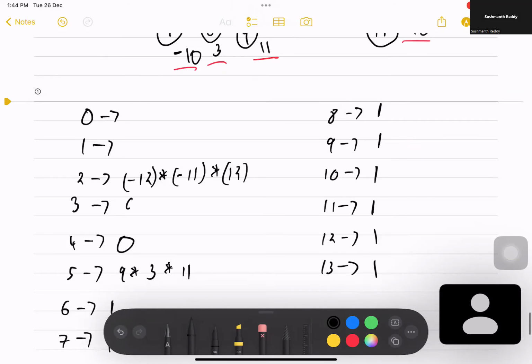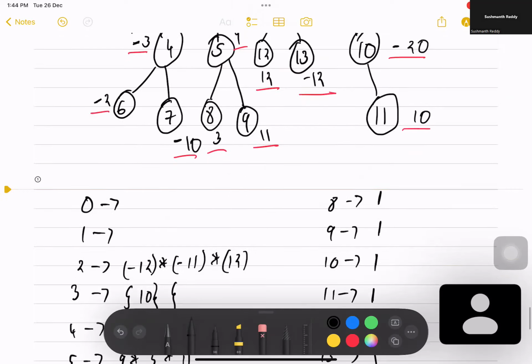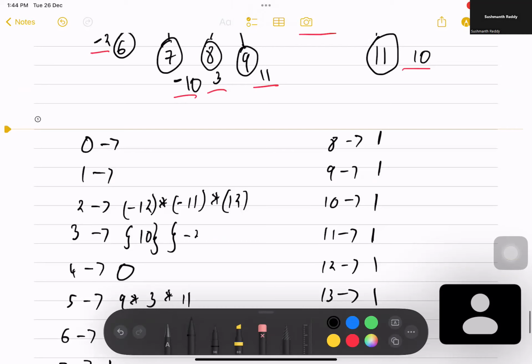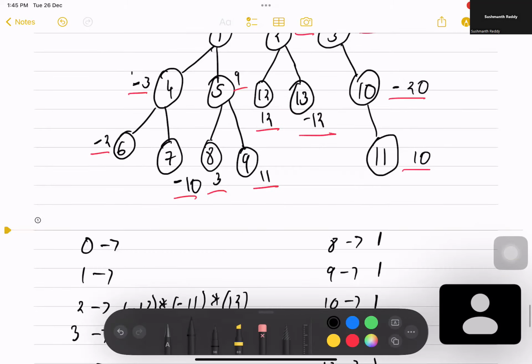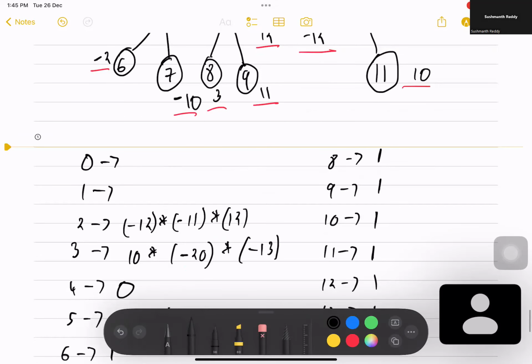That means we have one positive, and the two smallest negatives that we have are -20 and -13. If we combine them, we get a positive result, which is 10 into -20 into -13.